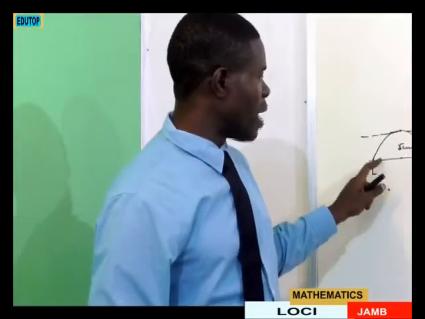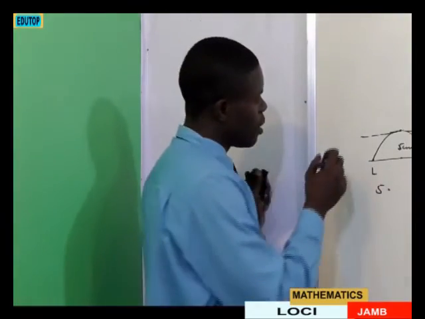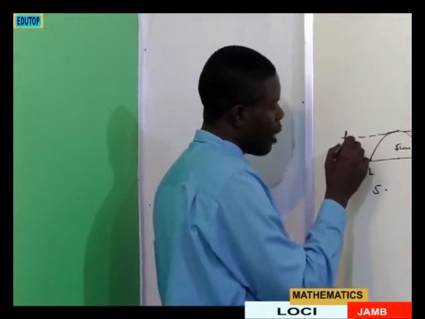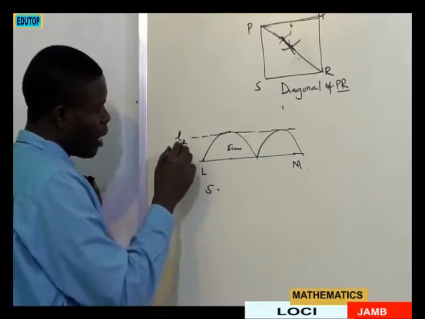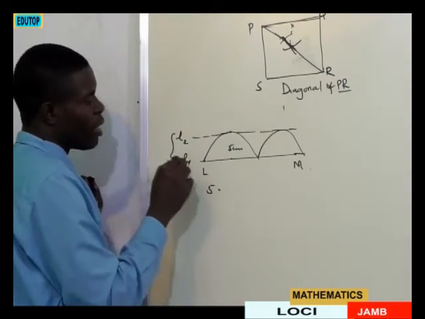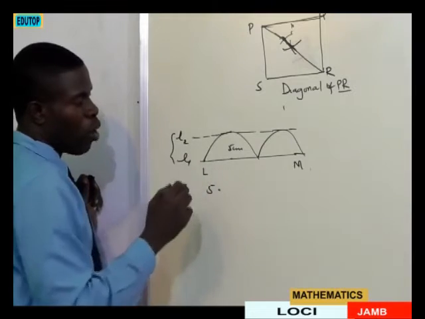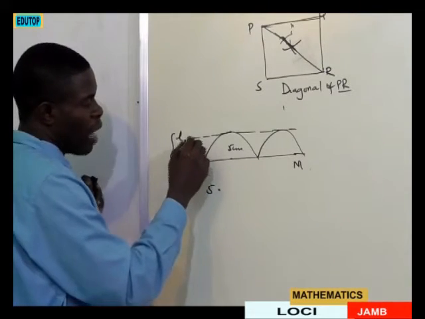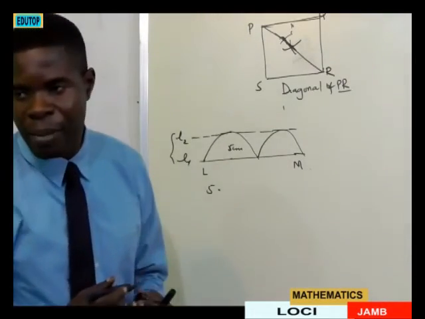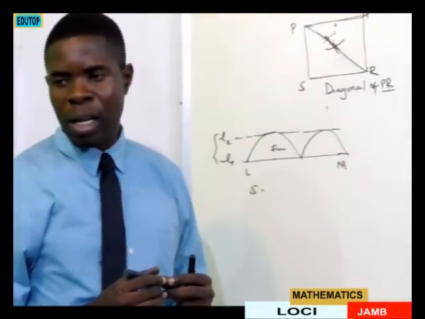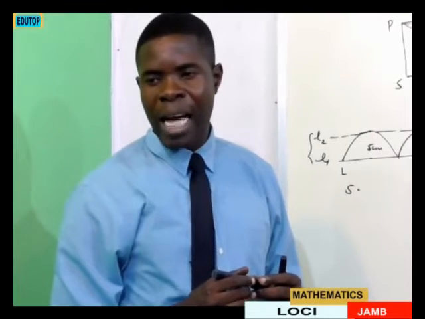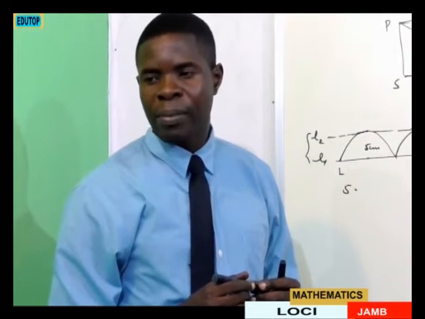You have this line parallel to this line. Look at this. Let's call this one L1 and this L2. This L1, L2 is a pair of lines on one side. This L2 is parallel to what? LM. That's the first thing. A pair of lines parallel to LM, and is also what?